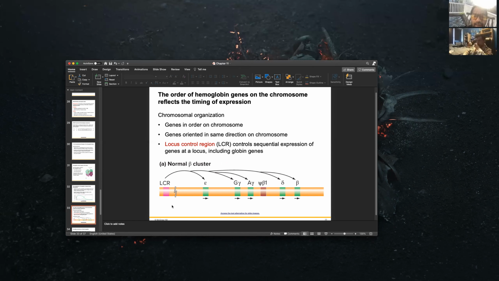That order matters in order to make the right version of the hemoglobin. So that's why the epsilon 1 comes before the adult ones.